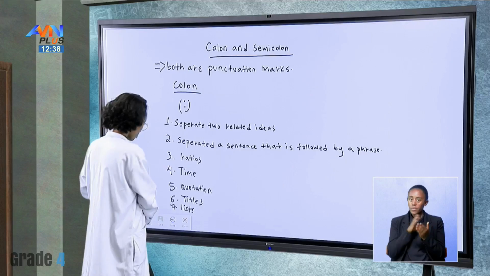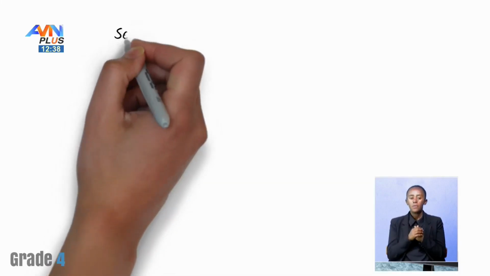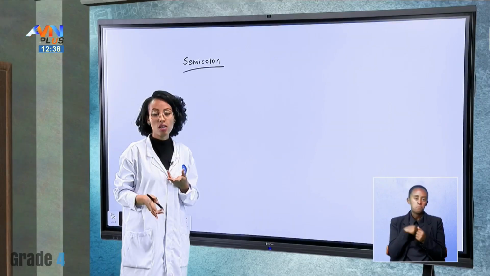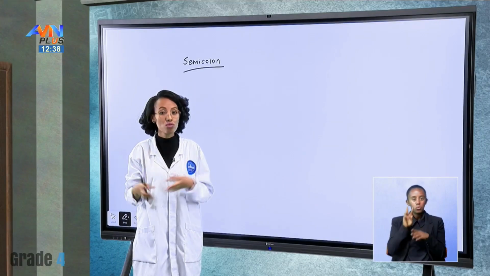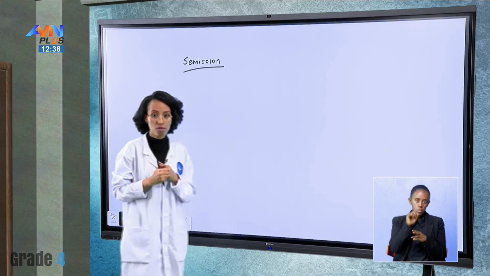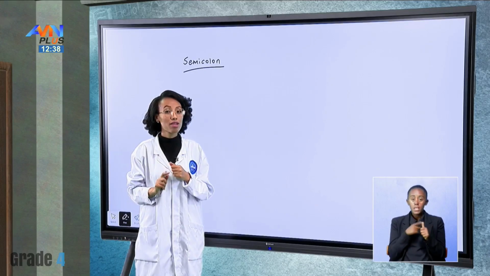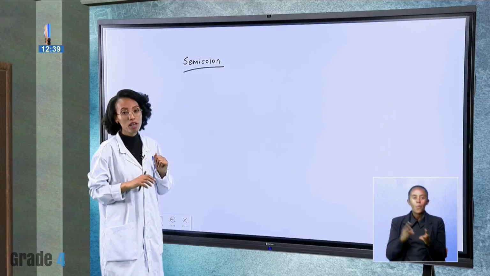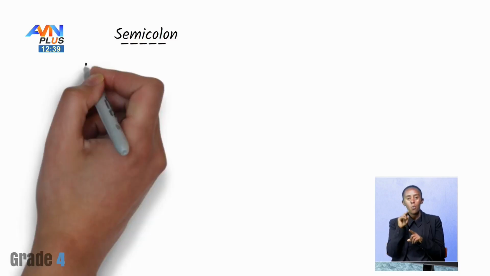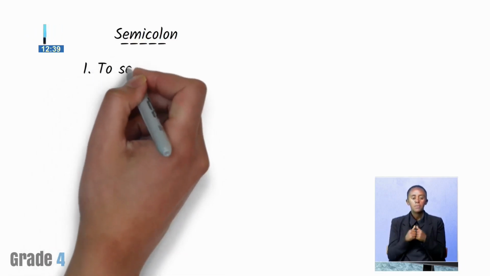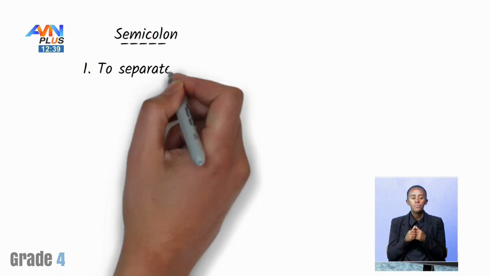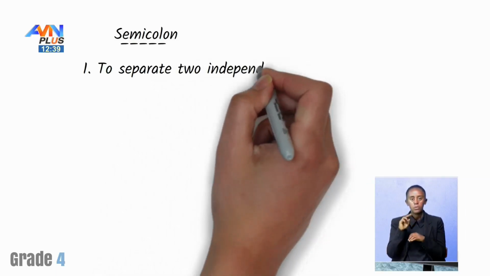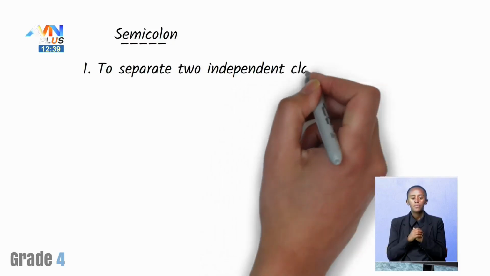And what about semicolon? In semicolon, we only have seen two ways of using it, if you remember. The first, and the most commonly used way for semicolon, is to separate two independent clauses, right?